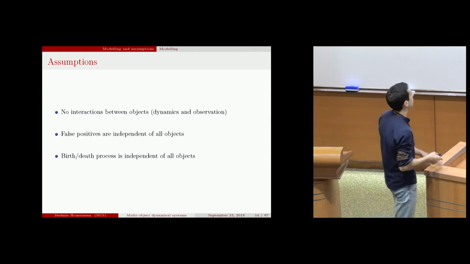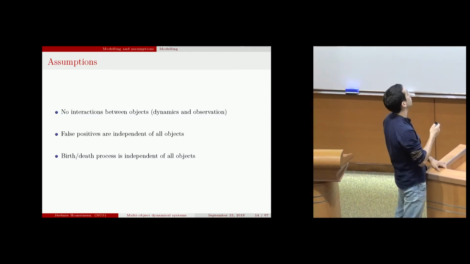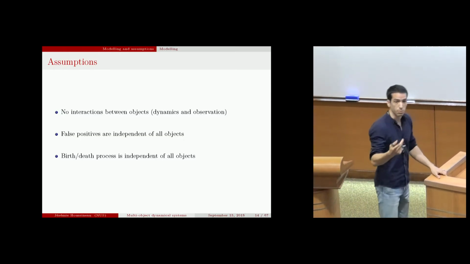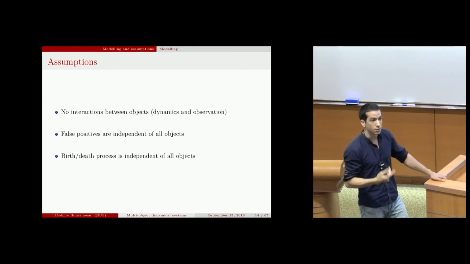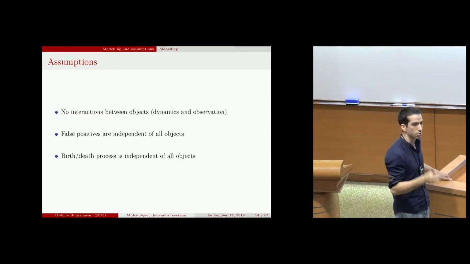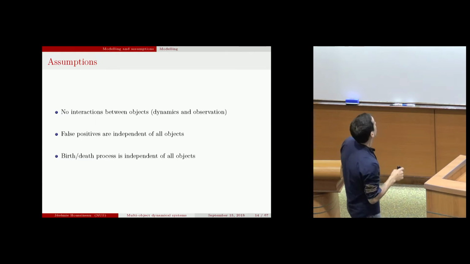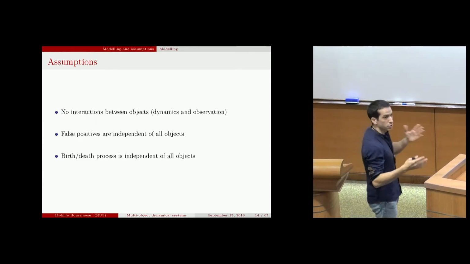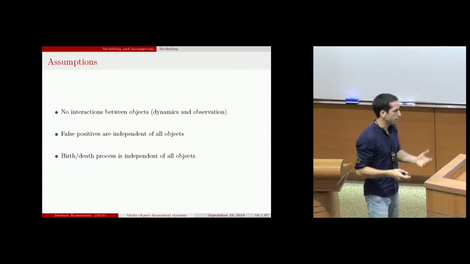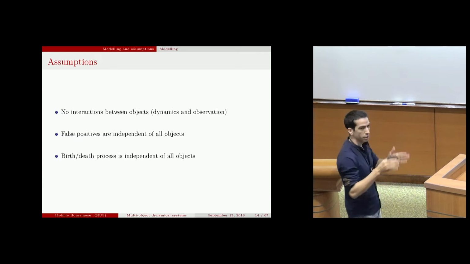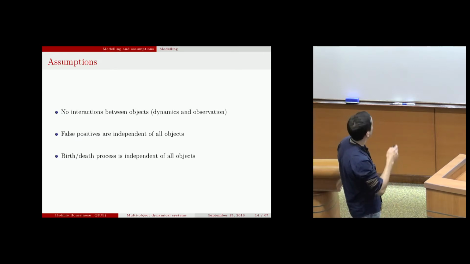Of course, the combinatorics is very bad if, for instance, you assume there are actual interactions between objects. Even if you just start with pairwise interactions, if you have a lot of objects and you're trying to see all the subsets, the binary partitions of your number of objects, that's going to go very high. So in this talk, I assume there are just no interactions.